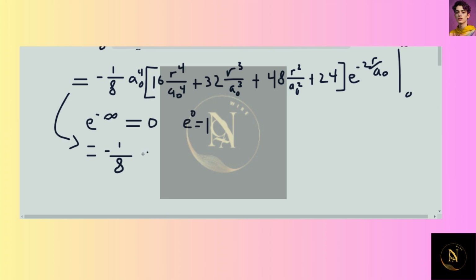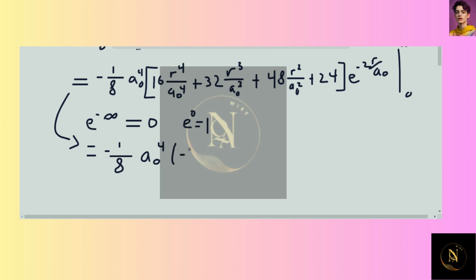So what we end up with is negative 1/8 times a naught to the fourth times negative 24.